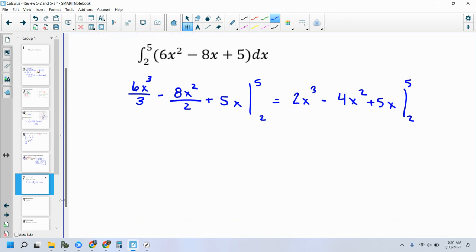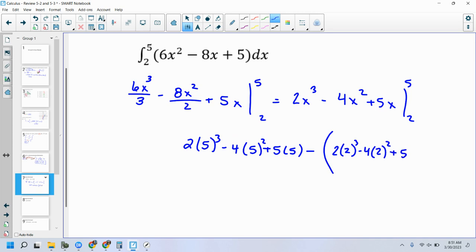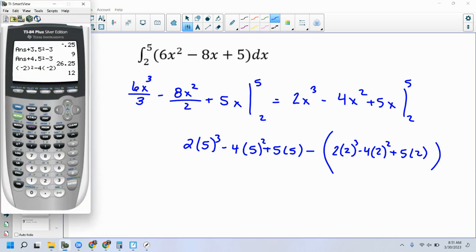Okay, plug it in. Plug 5 in. 2 times 5 cubed minus 4 times 5 squared plus 5 times 5 minus the whole chunk of 2 times 2 cubed minus 4 times 2 squared plus 5 times 2. Let's see what it is when I plug in 5. 2 times 125 minus 5 squared is 25 times 4 is 100.